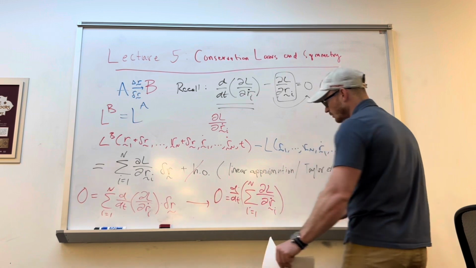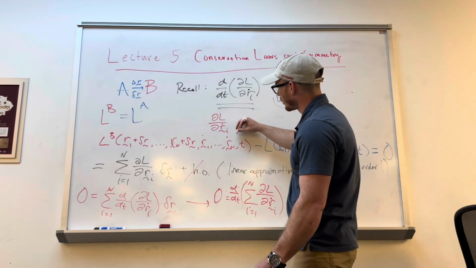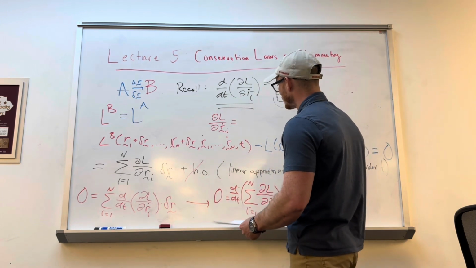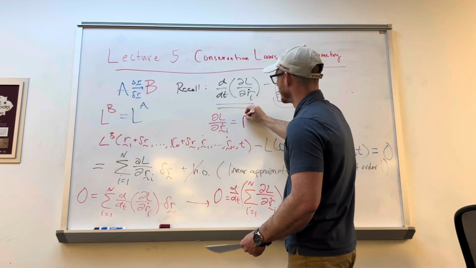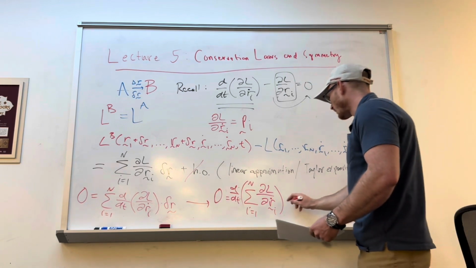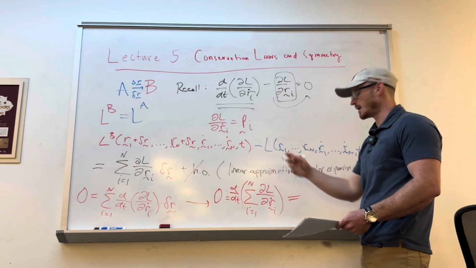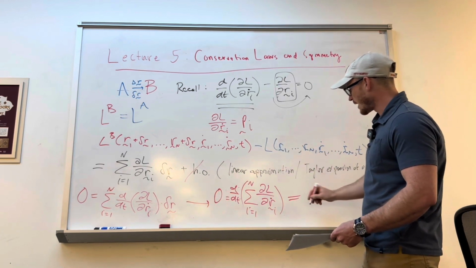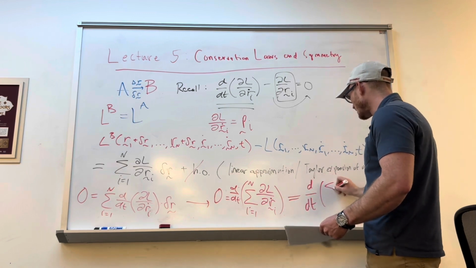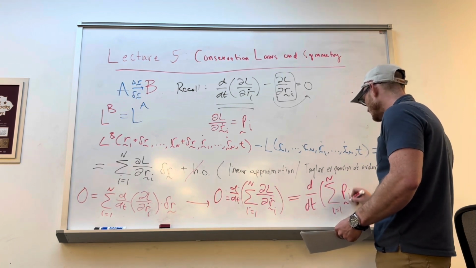So let's think about if we could write this in relation to some other quantity. Well, recall partial L partial Ri dot is just equal to the momentum. This was a definition, but remember we showed earlier how it made sense that this was the definition. So now we can rewrite this as 0 equals the time derivative of the sum of the momenta, of all the pi's.